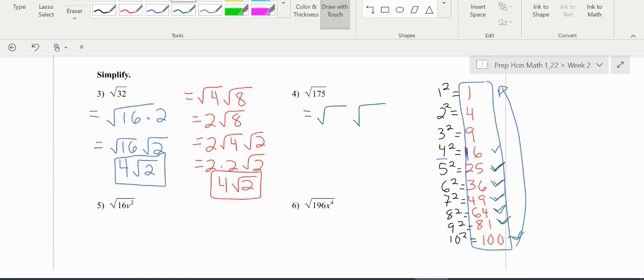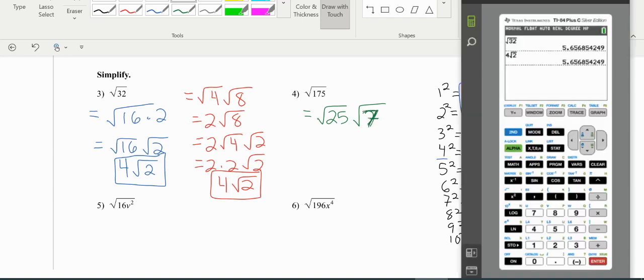If I divide it in my calculator, I know that 25 is going to divide in there, and it's going to be 7 times 25. And again, I'm just doing 175 divided by 25. And then if I tried the other ones out, I would get all decimals.